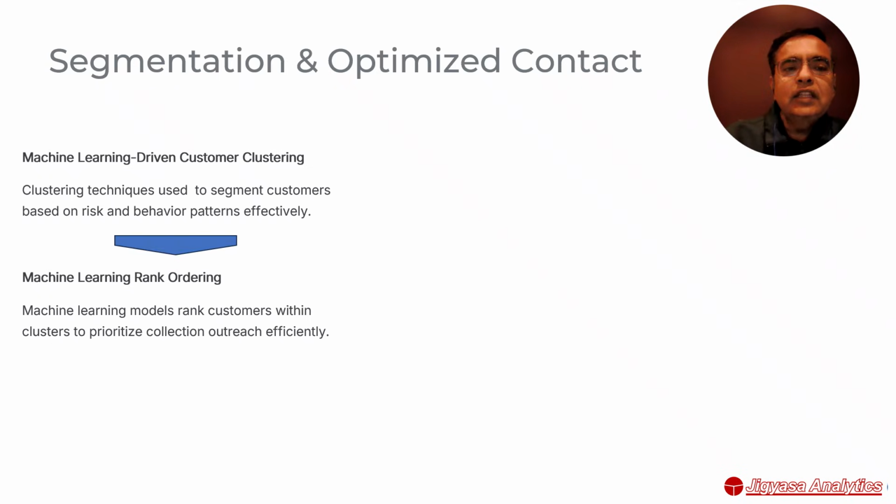And then within each of these segments, you want to be able to prioritize who to contact, so you would have a machine learning based rank ordering model. Now, once you have done this, then you move to the operational part, because now you have a set of prioritized lists for each of the segments.